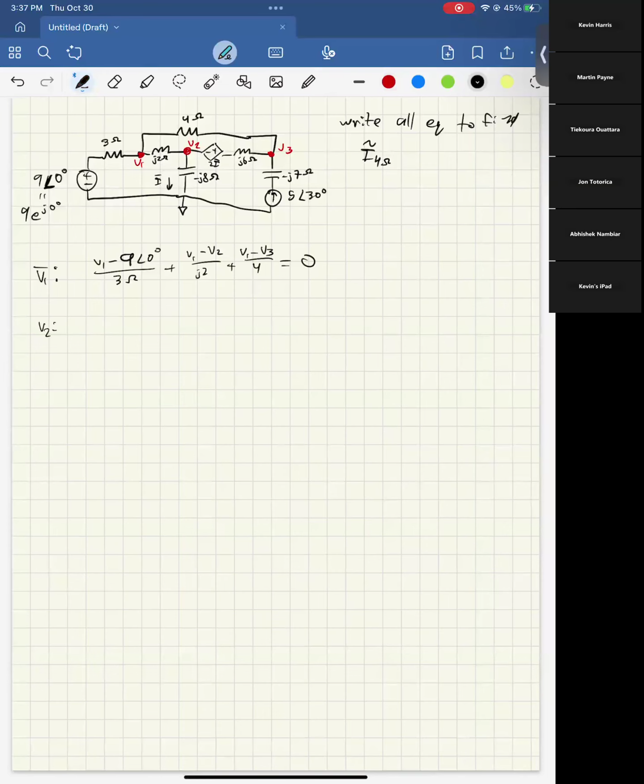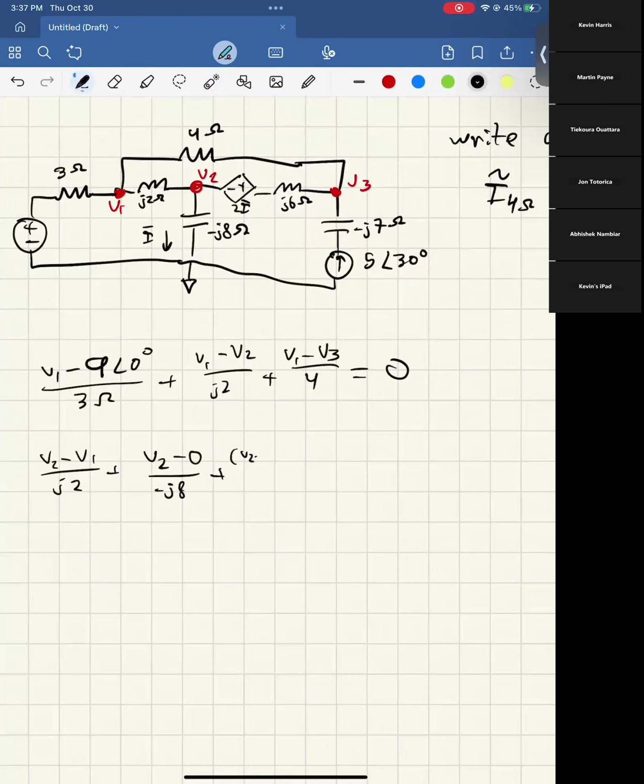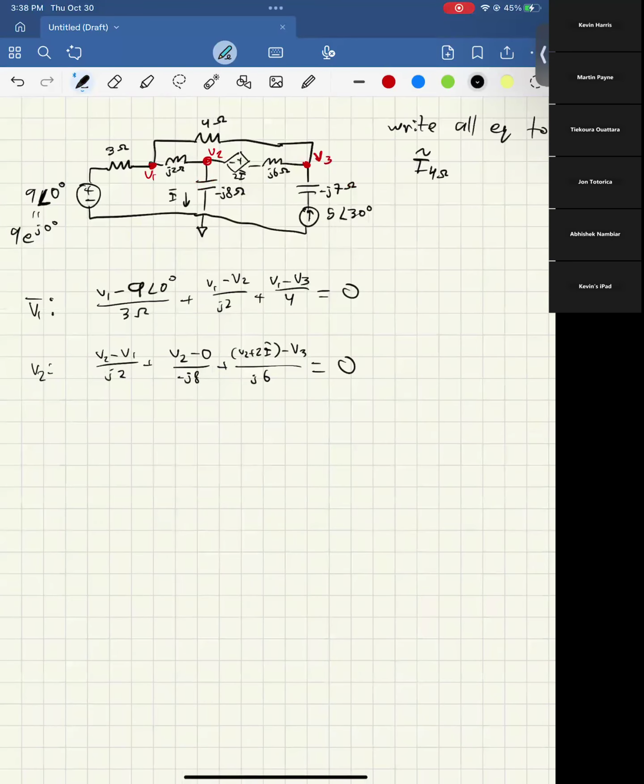At V2, we're going to have (V2 minus V1) over j2, plus (V2 minus 0) over negative j8, plus, same thing as before in previous weeks, because there's a voltage source, we have V2 plus 2I, so (V2 plus 2I minus V3) over j6, and that equals 0.